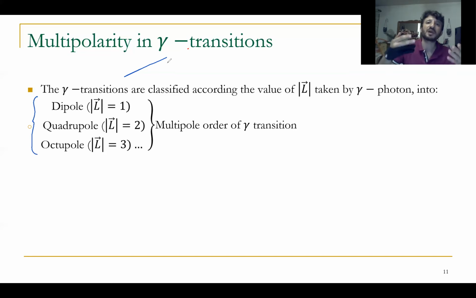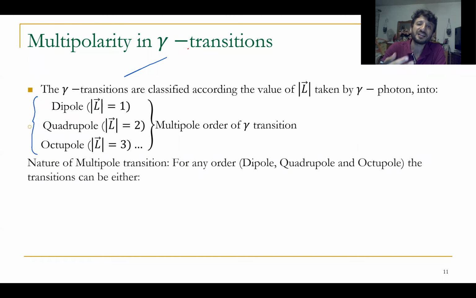I mean, we have to classify the transition according to the value of L. The second point, I can ask you to find the nature of the multipole here.